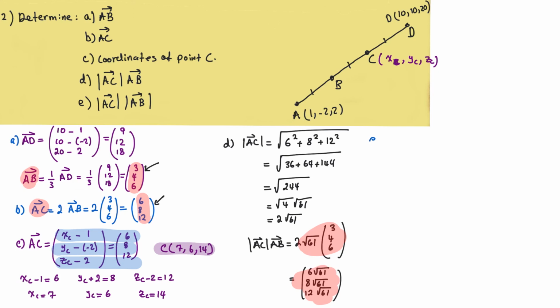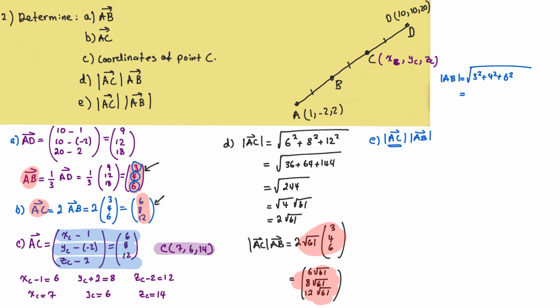Finally, part E is asking us to find the magnitude of AC multiplied by the magnitude of AB. We already have the magnitude of AC, but we do need to find the magnitude of AB. So let's do that here. The magnitude of AB is equal to the square root of its x component squared, so that's 3 squared, plus its y component squared, plus the z component squared.